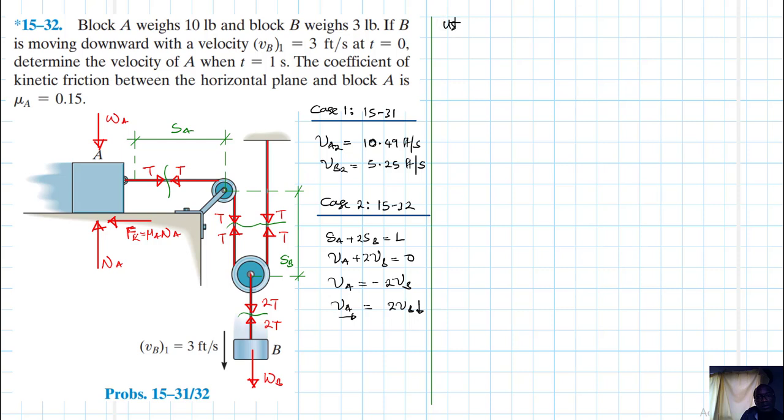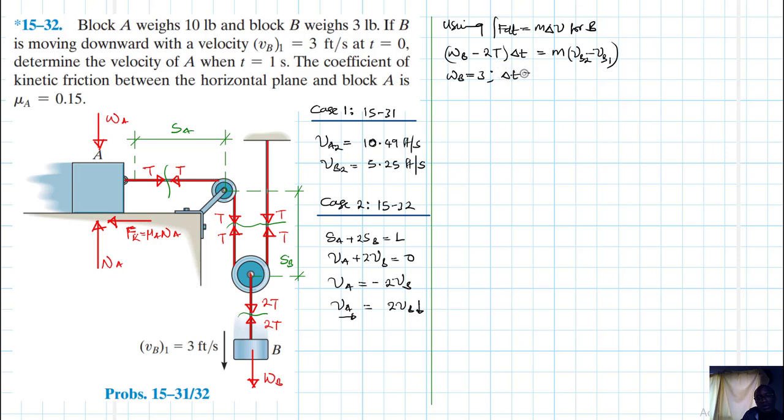So then let's go to B. Now we are using linear momentum and linear impulse, M delta V, for B. So we'll say WB minus 2T times delta T is just equal to M times VB2 minus VB1. So we know that our WB is just equal to 3.